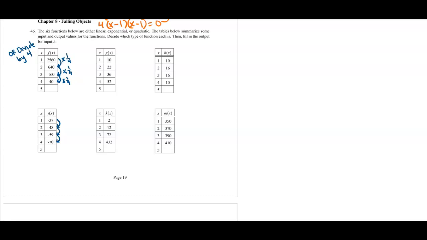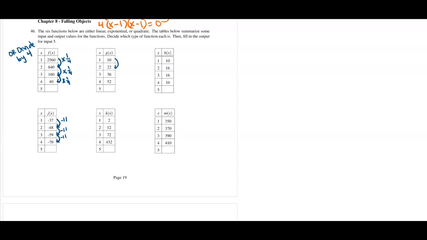Negative 37 minus 11 gives me that negative 48. Negative 48 minus 11 gives me negative 59. Negative 59 minus 11 will give me negative 70. Okay. All right, so one of these, we've got multiplying by the same number. Here, we've got subtracting by the same number. Okay. Let's look at this other one here, the second one over.